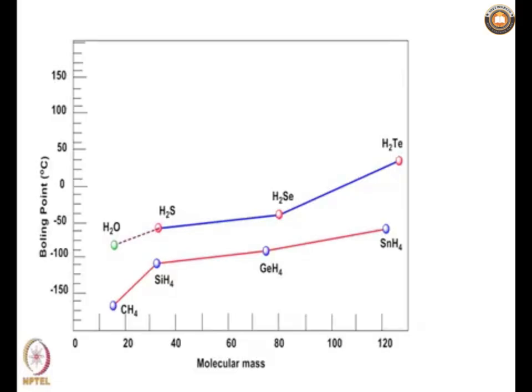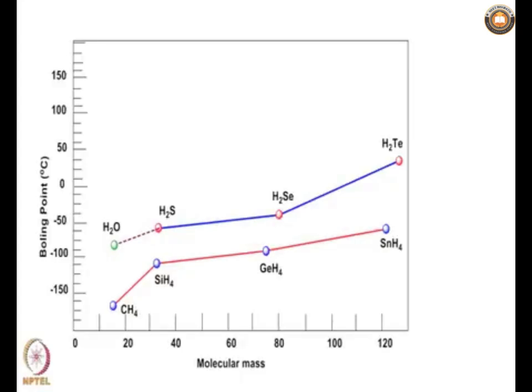Let us look into the boiling points of various p-block element hydrides with respect to their molecular mass. In the plot, H2O, H2S, H2Se are given. That means the chalcogen series is given, and similarly the group 14 series is also given. If you look at the plot, it is very clear that for H2S, H2Se, H2Te, the boiling point increases from negative to positive as the molecular mass increases.